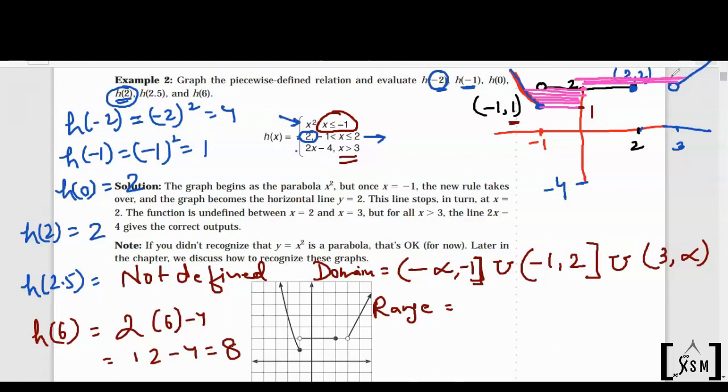So the range is all the values greater than or equal to 1 all the way up to infinity. I will write it 1 to infinity, at infinity open, at 1 closed. And in between there is no value where y is not possible. Hope that makes sense. So this is my range.